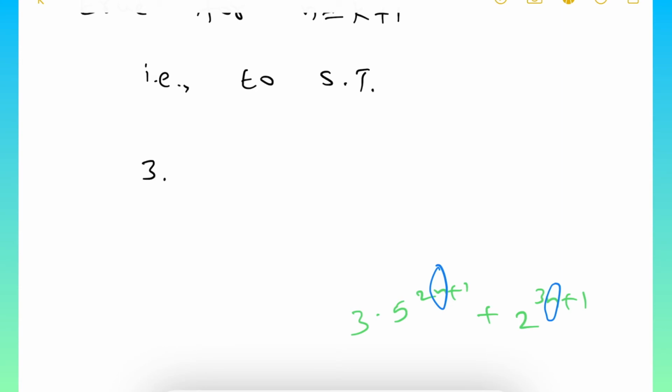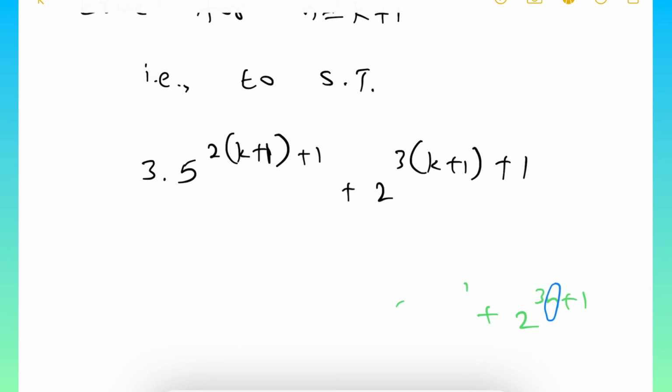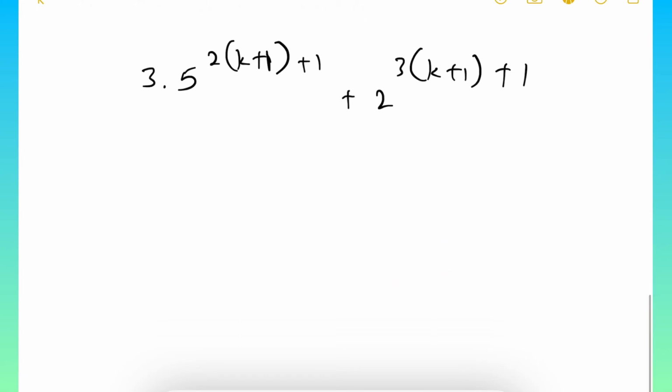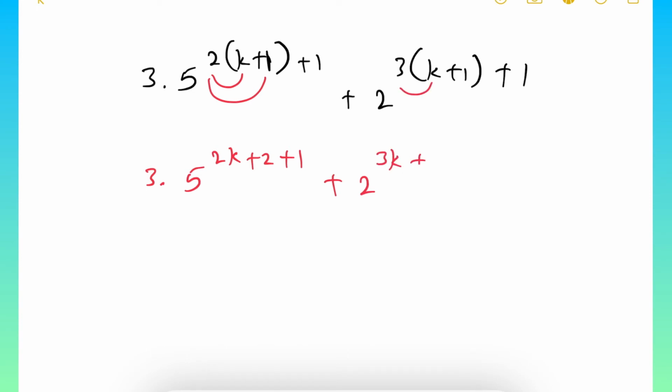3 into 5 power 2n, so 2 into k plus 1 as it is, plus 2 power 3n, so 3 into k plus 1 as it is. If we remove the brackets and simplify, 3 into 5 power 2 into k, 2k, plus 2 into 1, plus 1 as it is, plus 2 power 3 into k, 3k, plus 3 ones are 3, plus 1.